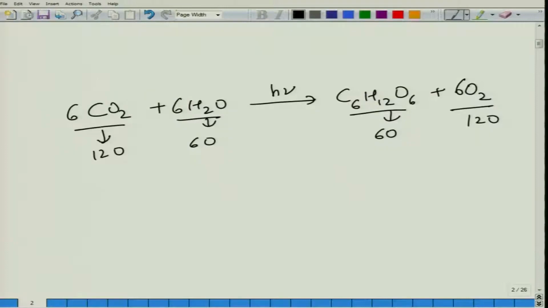That is 6 moles of carbon dioxide plus 6 moles of water utilizing the sunlight and through the process of photosynthesis will make 1 mole of glucose and will give out 6 moles of oxygen, which is why trees are able to take carbon dioxide from the atmosphere and release oxygen.